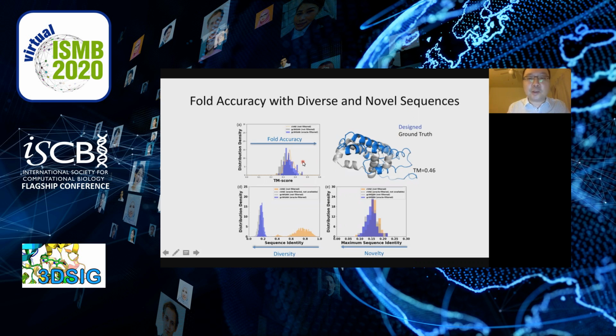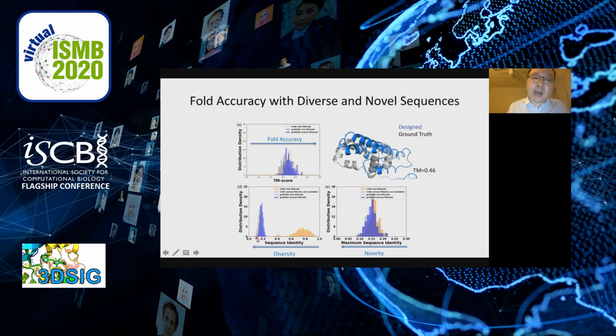We used Rosetta to predict the structures and calculated the TM scores between the designed sequences and the ground truth. We found that the fold accuracy is comparable or slightly better than the competing method, conditional VAE. The best design has a TM score around 0.46, which is very close to 0.5, the threshold to tell the same fold.